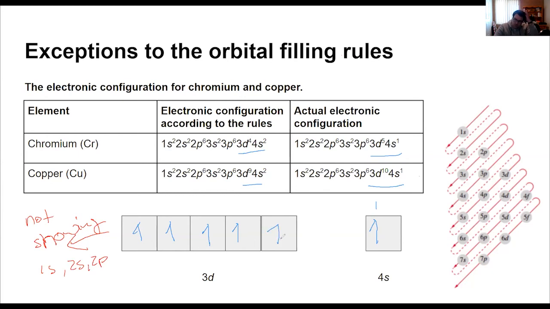That lets chromium have 6 electrons across its 3d and 4s subshells, all with an electron in a single orbital instead of having 2 in a single orbital. That is actually lower energy than the first situation, where you would have the second electron just there.